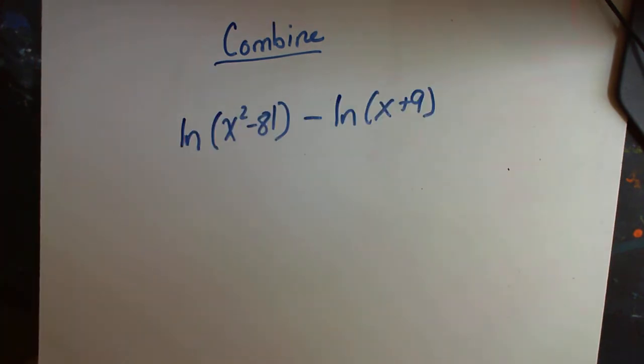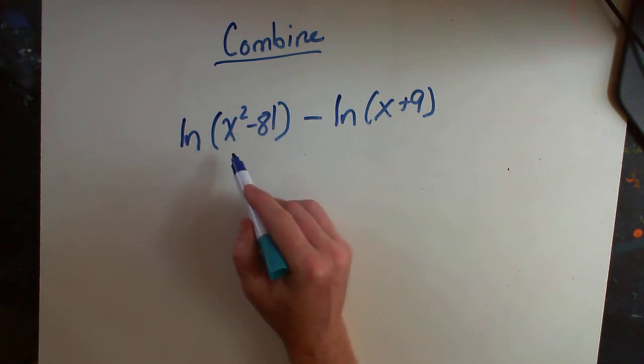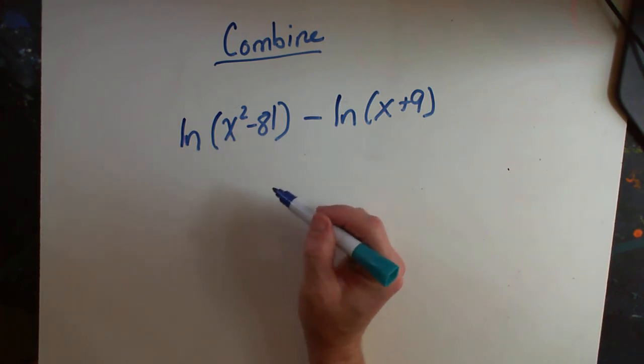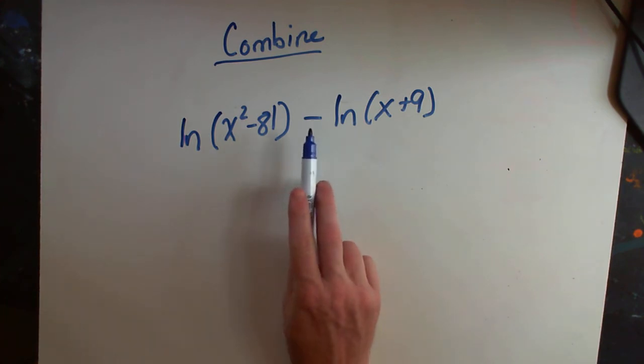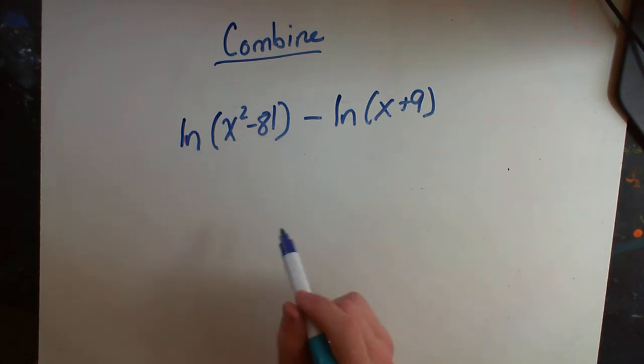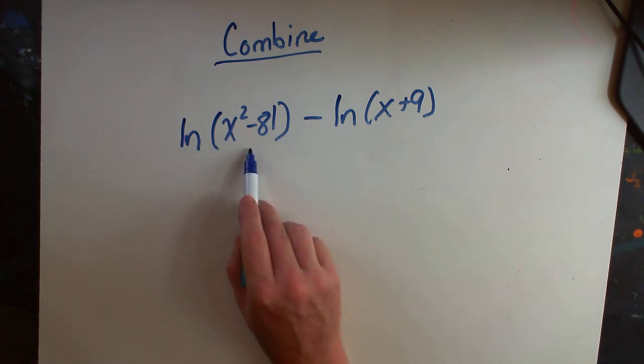This type of thing also works when dealing with binomials or anything that you're taking a logarithm of. So we can do this problem in actually a couple of different ways. I'm going to show you two different ways to approach this. We could approach this by first looking at the subtraction and factoring the numerator.